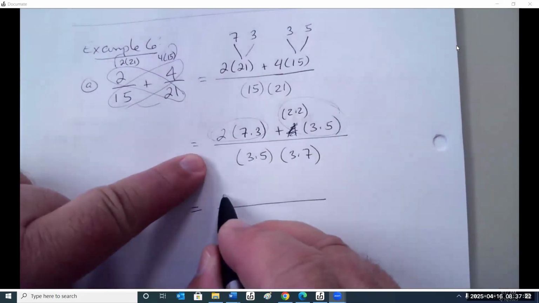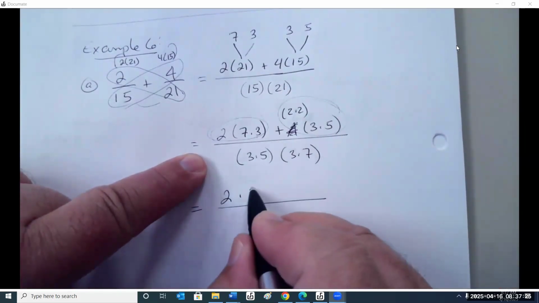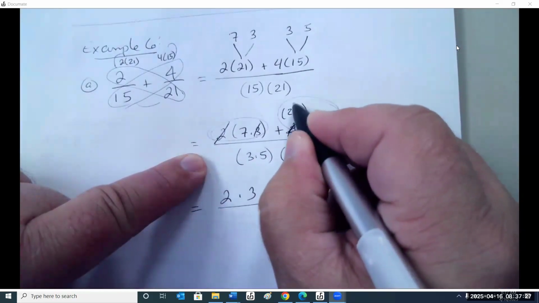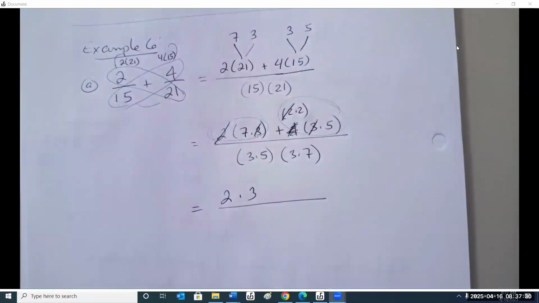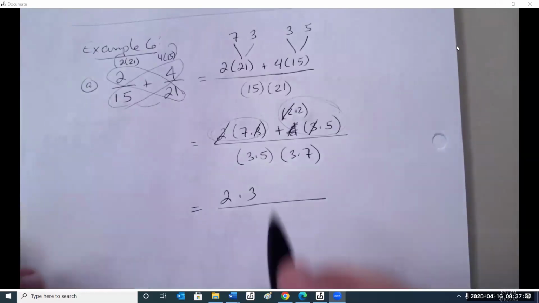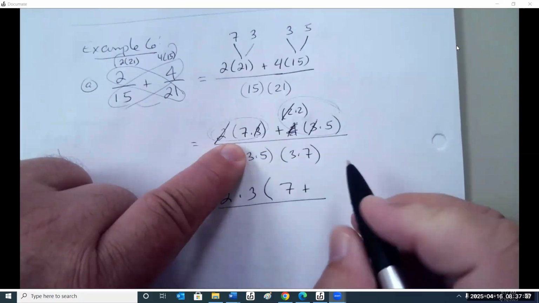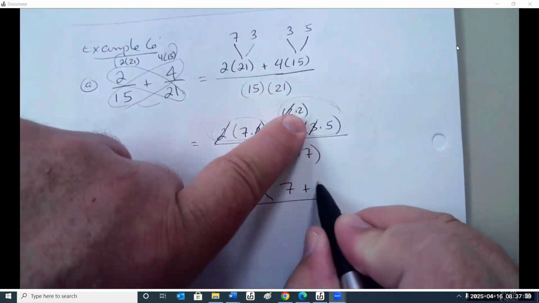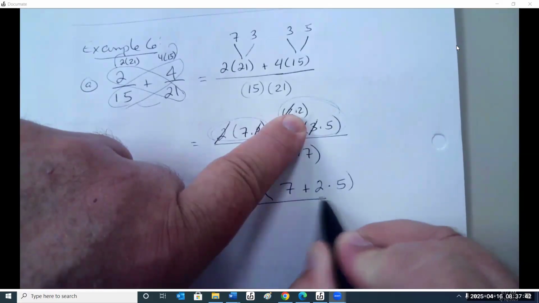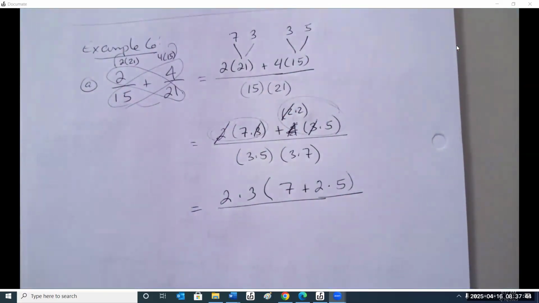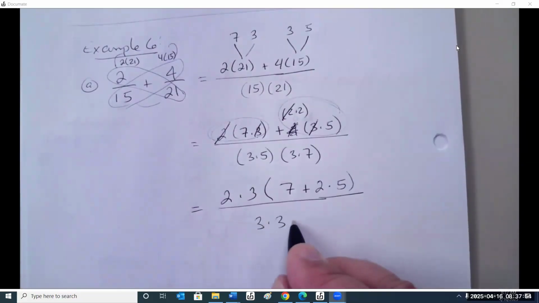They both have a 2 in common, and they both have a 3 in common, right? We can factor out a 2 and a 3. So what goes inside the parentheses is that 7, that 2 times 5. We're using the factoring, the distributivity rule. And on the bottom, we have 3 times 3 times 5 times 7.